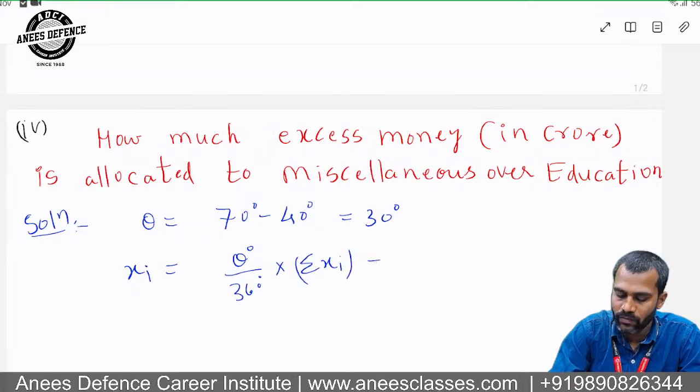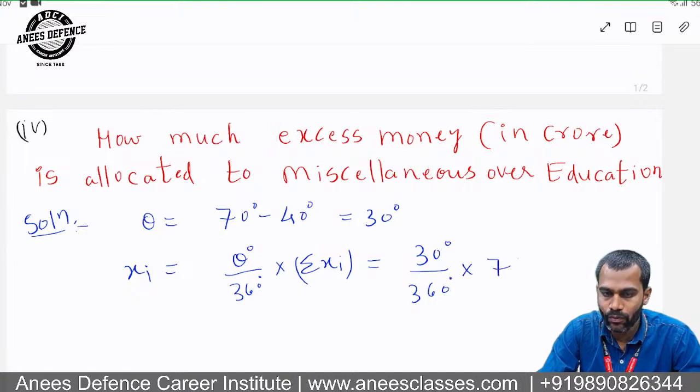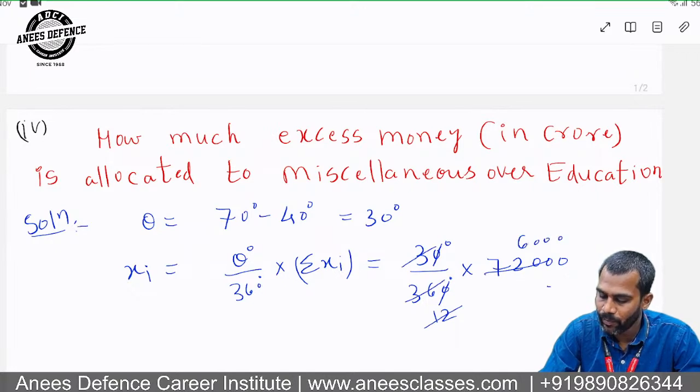We already know all these values. So what is the value of theta here? 30 divided by 360 into total 72,000. Now this 0 and 0 will get cancelled, and this is nothing but 12, and 12 6 is 72. So the answer would be 6,000 crore.